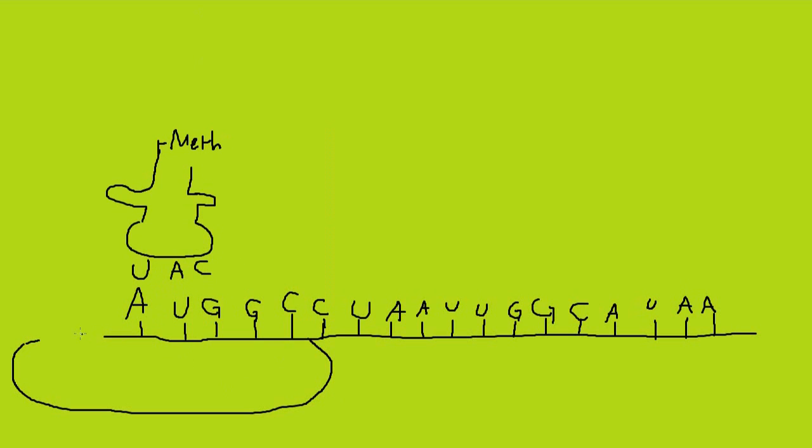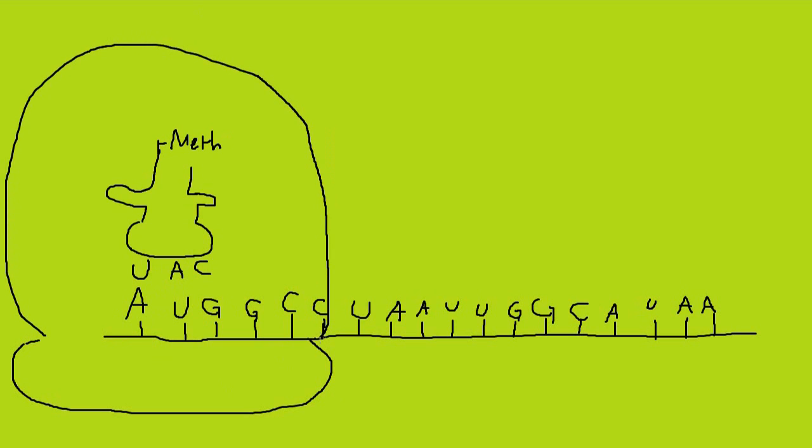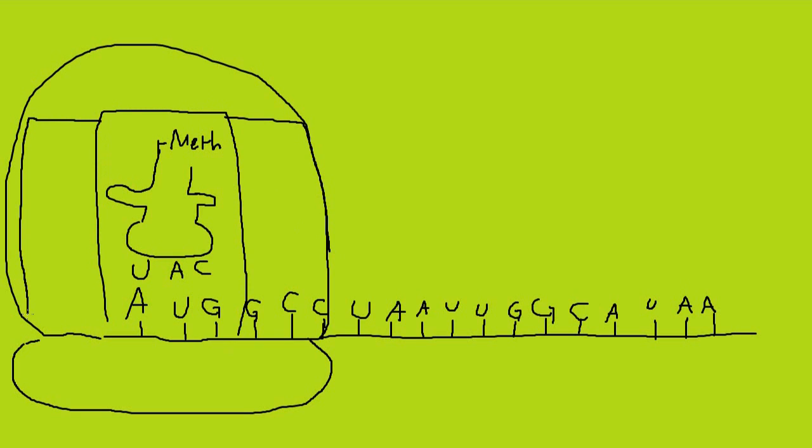They are complementary to each other. So we've got the large subunit here. There are 3 binding sites in the large subunit. There's the P site, which is where the initial transfer RNA binds, the A site, where another tRNA molecule can bind, and the E site, where the tRNA molecule can exit after it's passed on its amino acid.